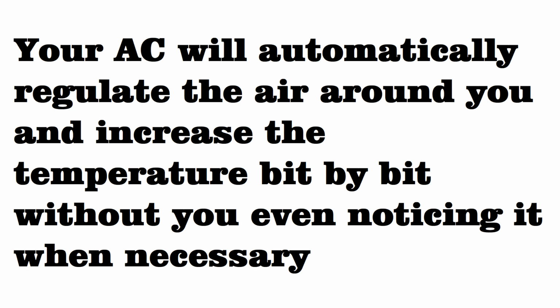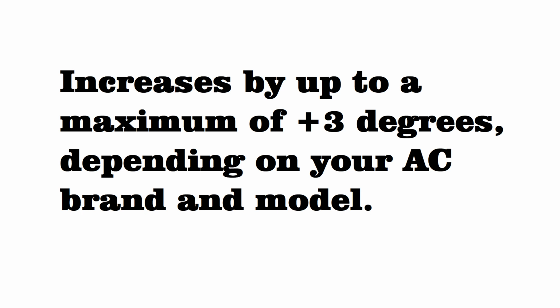By the way, you won't notice, because when I say bit by bit, I mean it can only increase by a maximum of plus 3 degrees, depending on your exact air conditioning model.